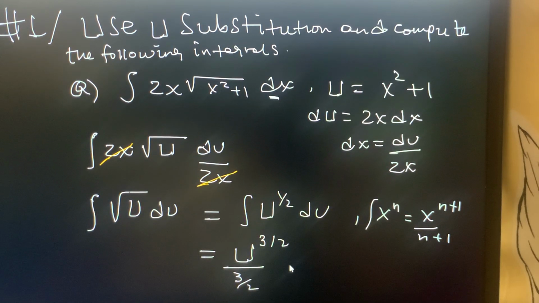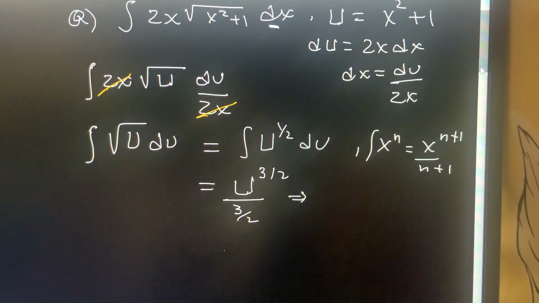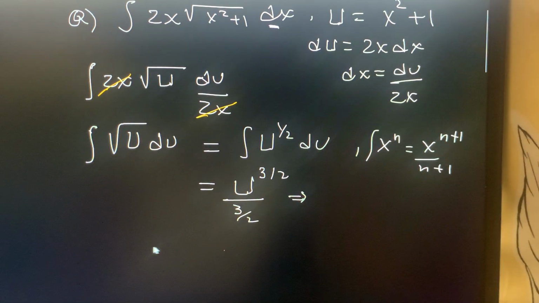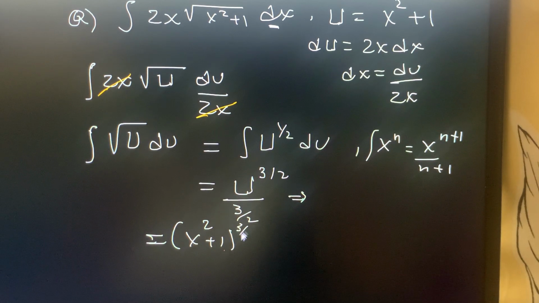The next step is to unwrap my u, because at the beginning my u was x squared plus 1. So I substitute my u back: x squared plus 1 to the power of 3 over 2 times 2 over 3, since I have to reciprocate the denominator.